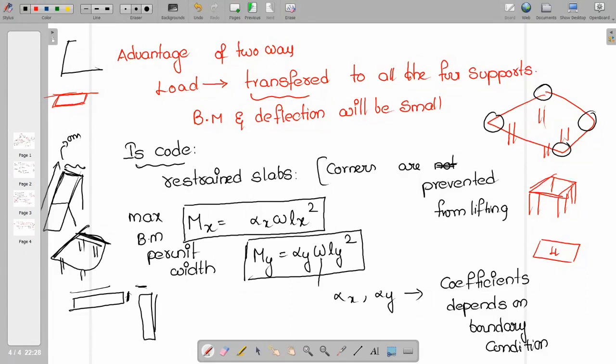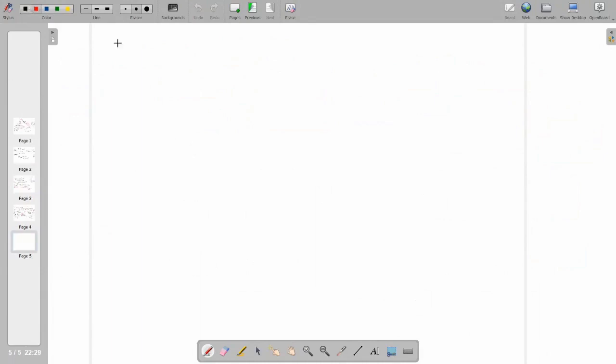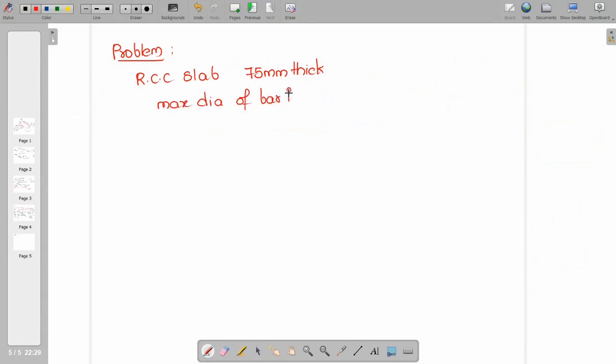Sir, see, actually this is the basic concept which you require. I will give you some problem, some questions. Suppose the problem here is: they have given a reinforced concrete slab, an RCC slab of 75 mm thick.